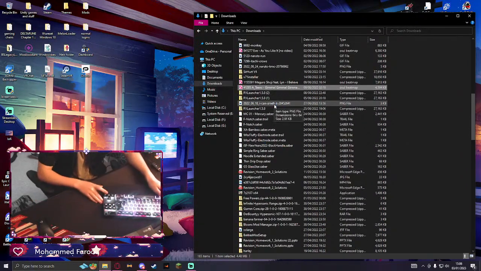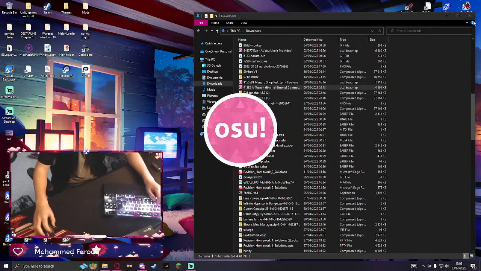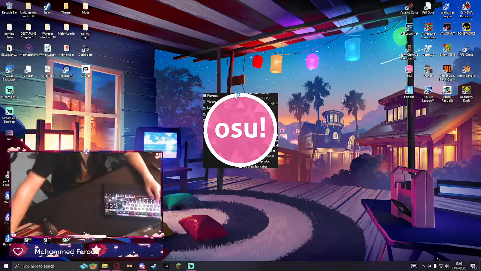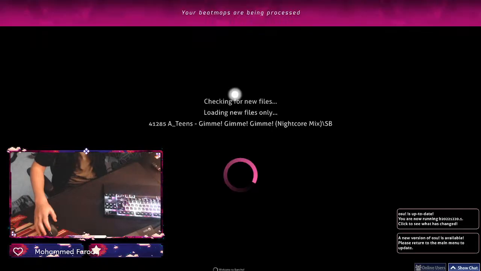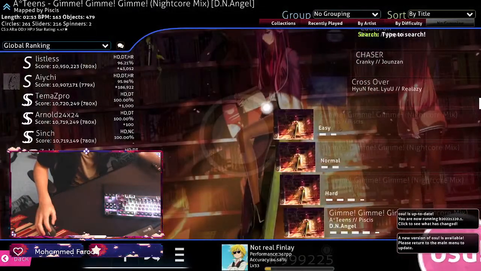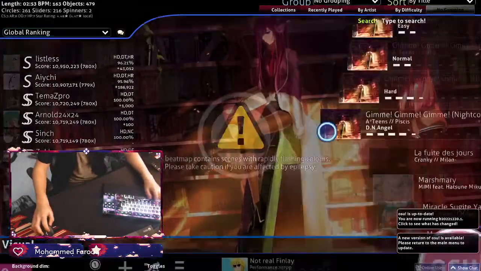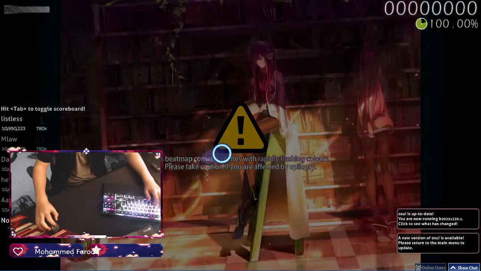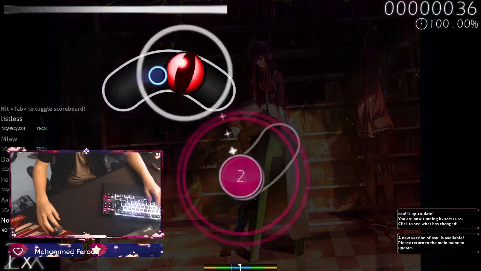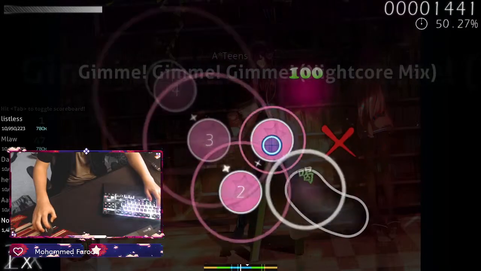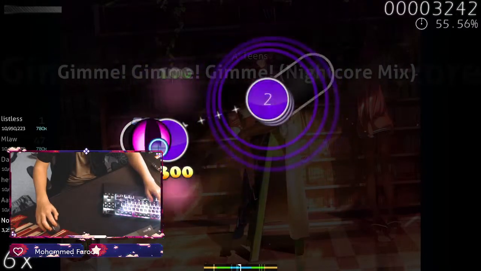Oh, it's going to be Gimme. Oh well, I'll play it anyway because I honestly don't care right now. I want to play chill. Unless it's the really good. Okay, I could kill this. What is this? I don't want this cursor. What is up with this cursor?